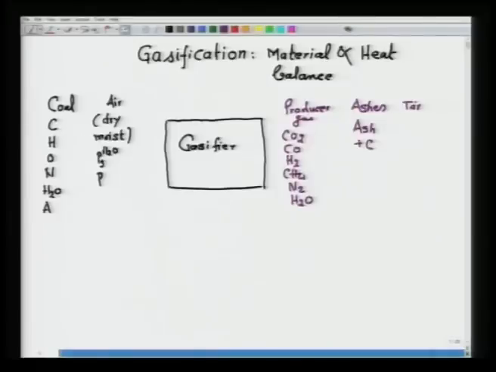Then you have output also as tar. Tar may contain carbon, sulfur, nitrogen, oxygen and hydrogen. Then another output could be soot, and this soot composition may contain carbon or it may contain ash. Tar may also contain ash, it depends on the problem.